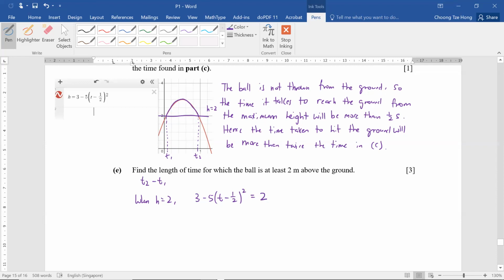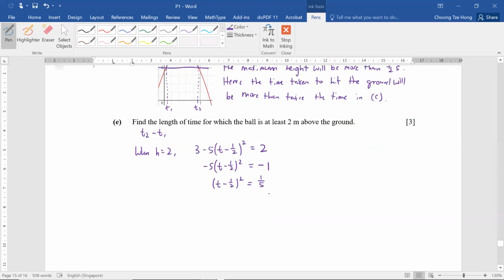We'll bring the 3 to the right side. 2 minus 3 will be -1. We'll divide both sides by -5, so we will get 1/5. Then we'll square root both sides. Remember when you square root, you will get two answers, plus minus square root of 1/5.